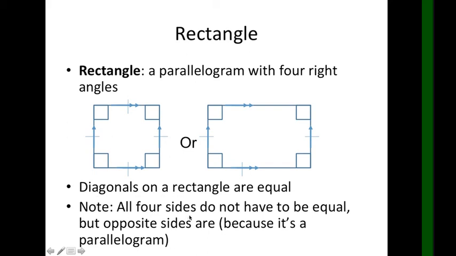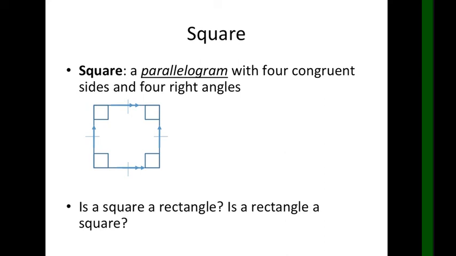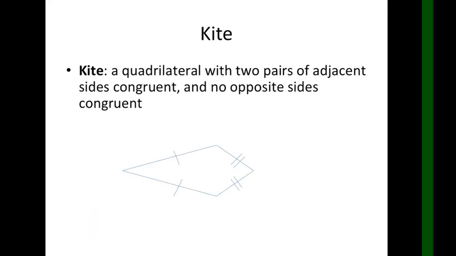Note all four sides do not have to be equal, but opposite sides are because it is a parallelogram. Okay, so square is a parallelogram with four congruent sides and four right angles. Even the rectangle has four right angles, right? So is a square a rectangle, is a rectangle a square. Note diagonals on the square are equal too.